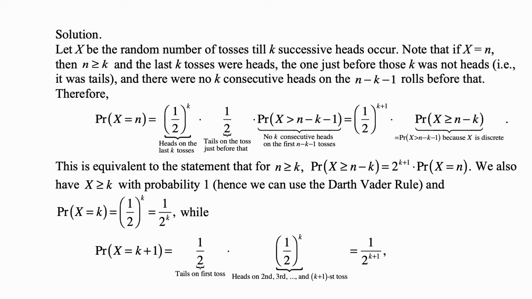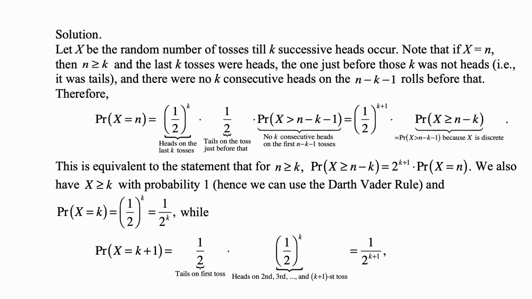Just multiply both sides of the displayed equation by 2 to the k plus 1, and you get exactly this. We also have X is greater than or equal to k with probability 1, which means that we can use the Darth Vader rule to find the expected value, because X is definitely non-negative with probability 1.